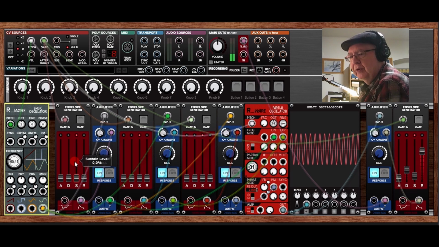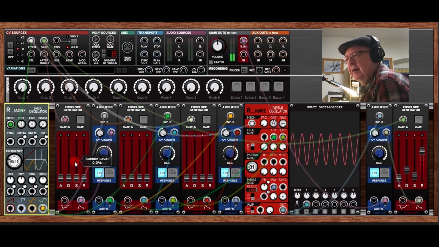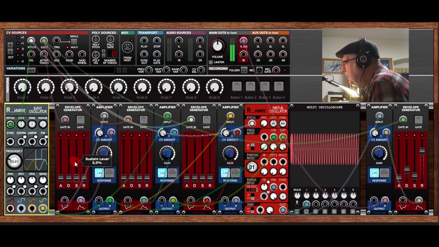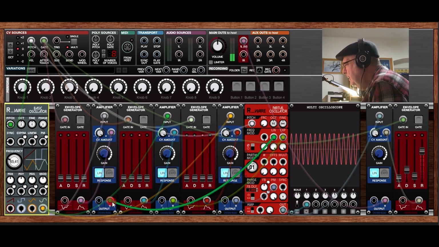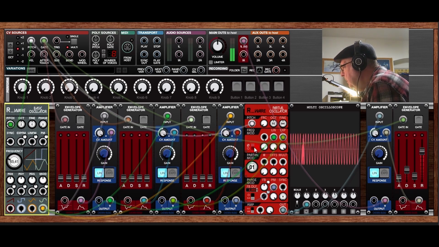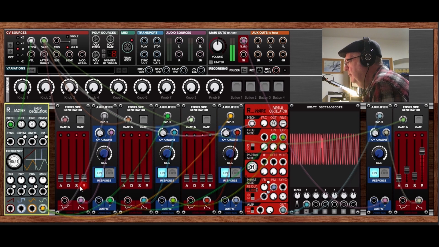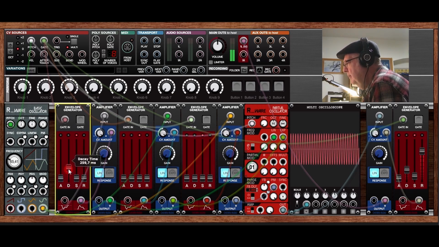kinds of modulation, frequency modulation, linear, through zero, and not exponential, and phase modulation. At first, as you see here, this envelope, and here is the attached amplifier, goes to the linear through zero frequency modulation, okay.